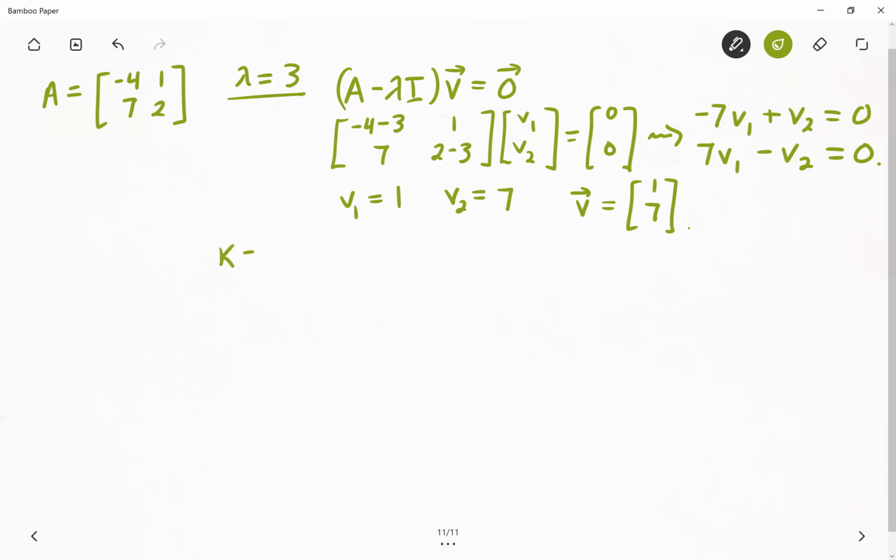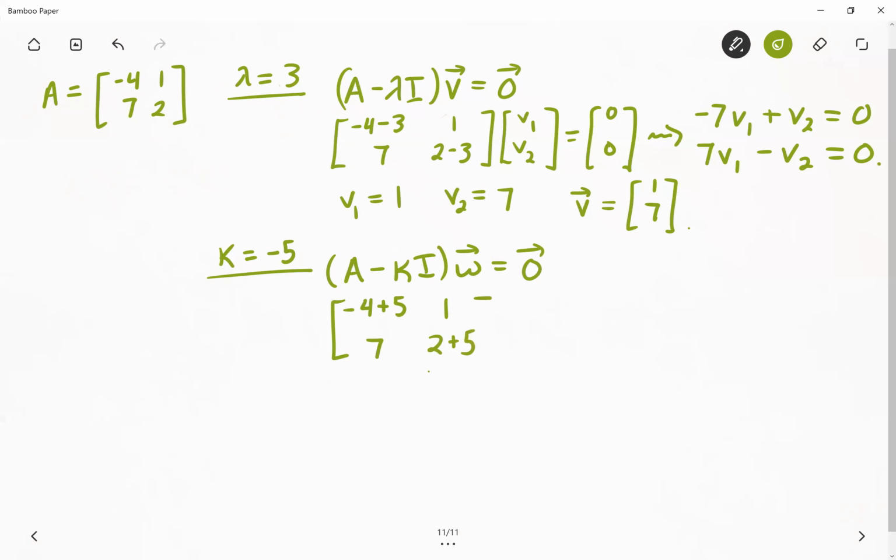Let's do the other case. We have kappa equals -5 as our other eigenvalue. So setting up a similar equation, A minus kappa times I times vector w equals the 0 vector. In this case, subtracting a -5 is adding 5 to the diagonal entries. So -4 plus 5, 1, 7, 2 plus 5 times w1 and w2 is equal to 0, 0.